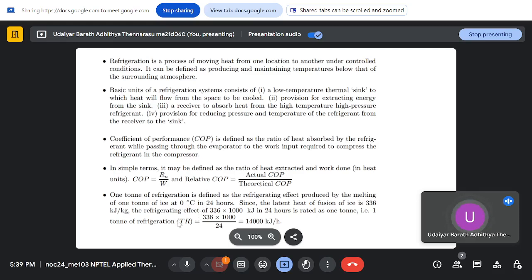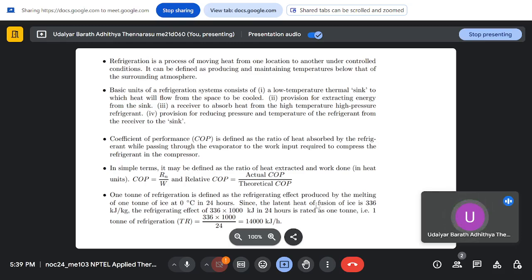The next term is the ton of refrigeration. A ton of refrigeration is 14,000 kilojoule per hour. What that basically means is 1 ton of refrigeration is defined as the refrigerating effect produced by the melting of 1 ton of ice at 0 degrees Celsius in 24 hours.